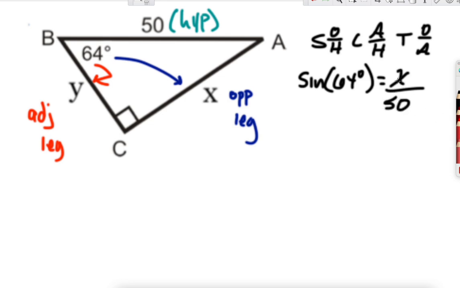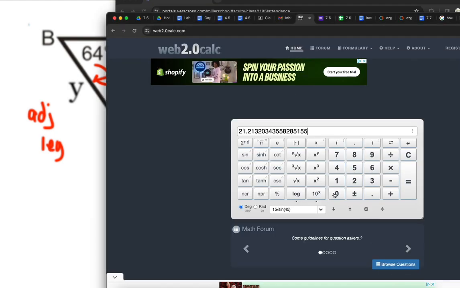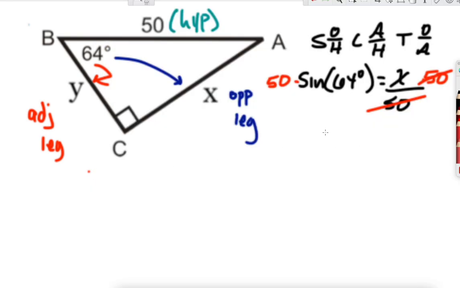We're looking to solve for x. We need to get rid of the divide by 50 by multiplying 50 to both sides. And then we go to our calculator. 50 times the sine of 64. 44.9.